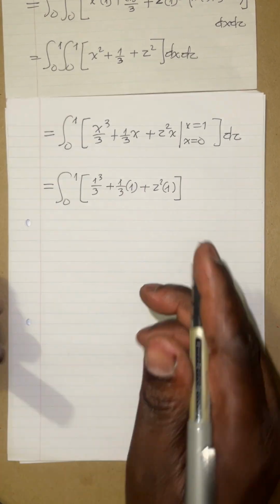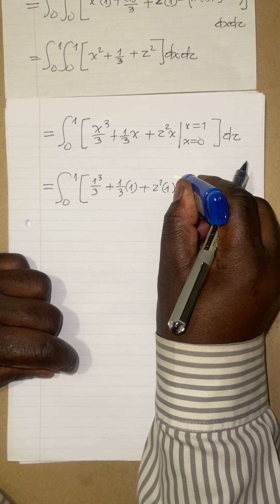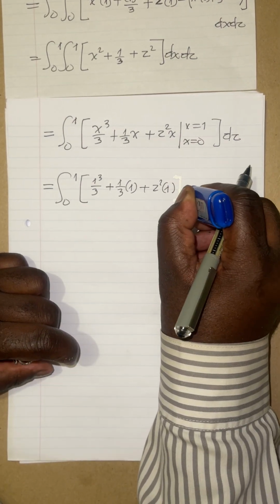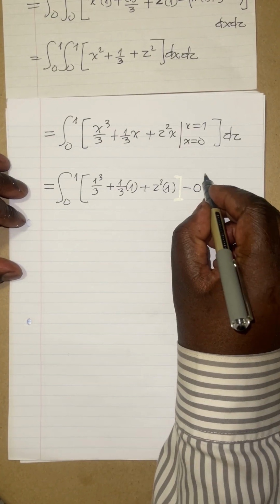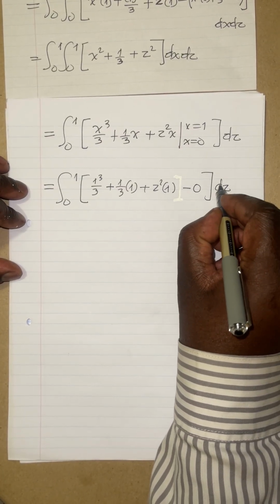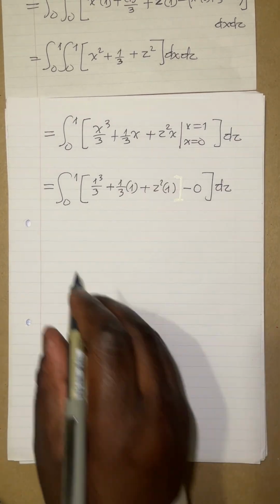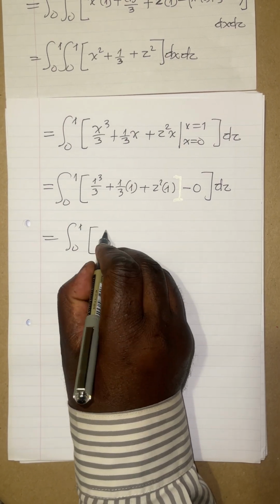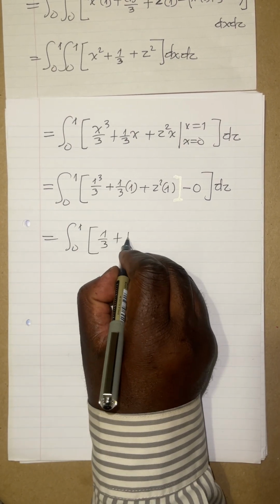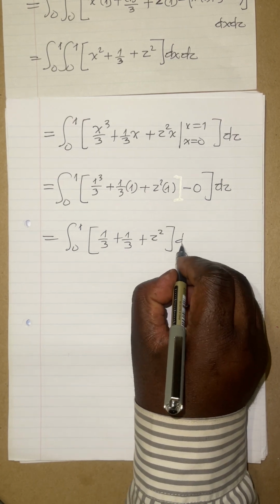Maybe I should just say minus 0, and then I have dz. If you put 0 there, it will be 0, 0, 0. The whole thing collapses. Simplifying this, we have the integral from 0 up to 1 of 1 over 3 plus 1 over 3 plus z squared dz.